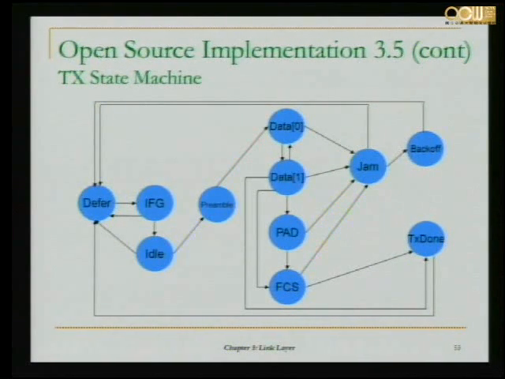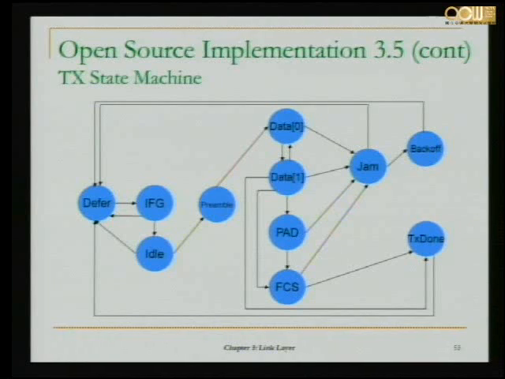If you have a frame, you sense, and if busy, you defer. If it's idle, you start to send. The first thing you send is the preamble, 7 bytes, and then 1 byte of start of frame delimiter.